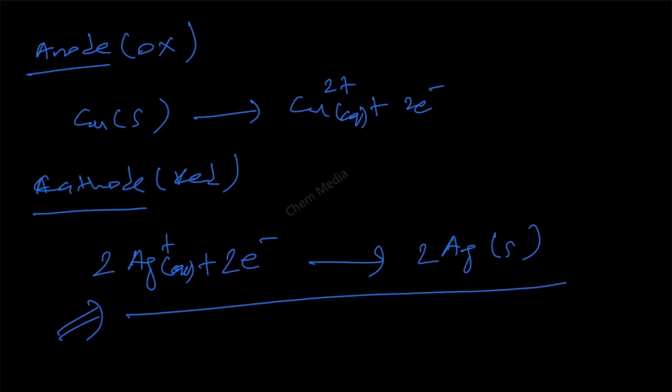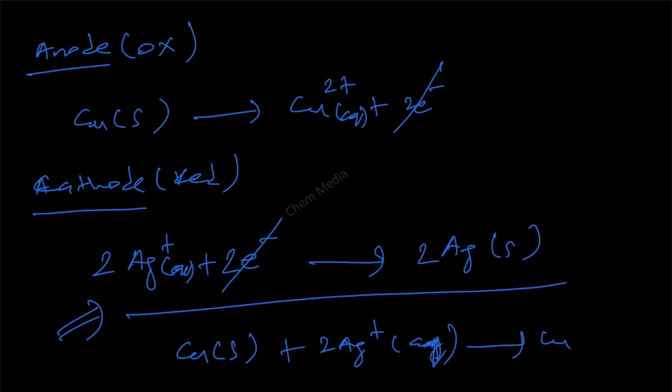So therefore, the net reaction is copper solid plus 2Ag plus giving copper 2 plus and 2Ag.